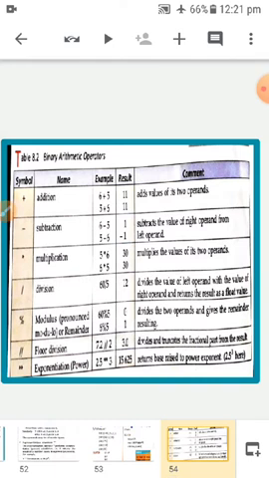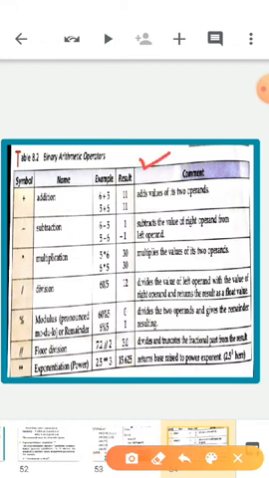Now binary arithmetic operations. Addition: 6 plus 5 is 11, 5 plus 6 is also 11. Sorry, I said 12, the answer is 11. Subtraction: 6 minus 5 is 1, 5 minus 6 you will get the negative sign because the greater number's sign always comes. Multiplication: 5 into 6 is 30, 6 into 5 is also 30.